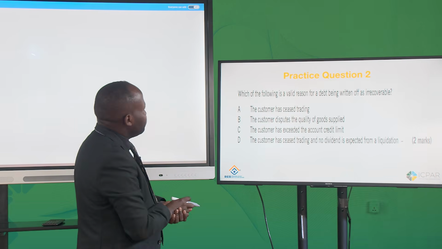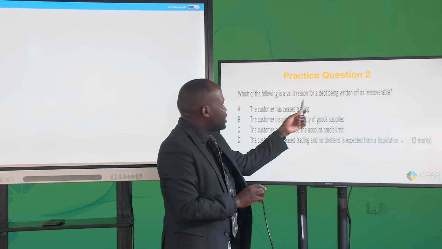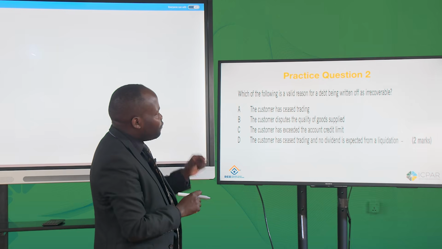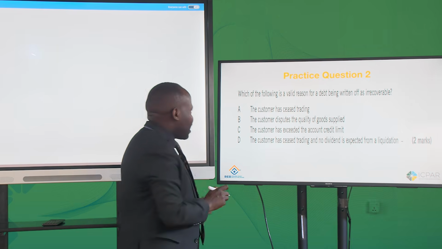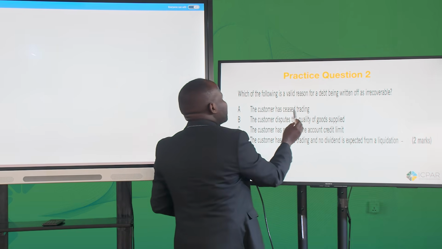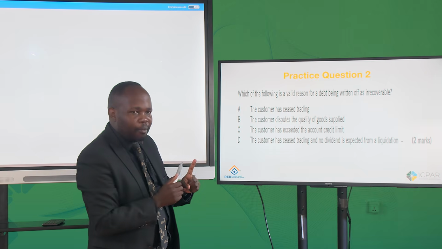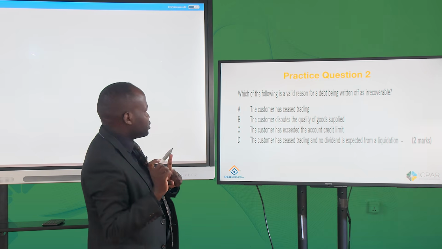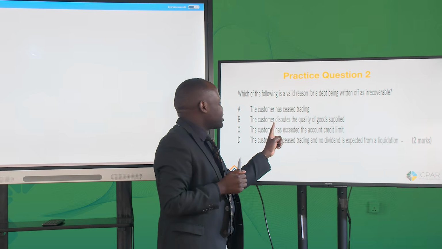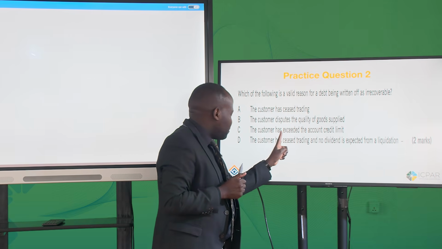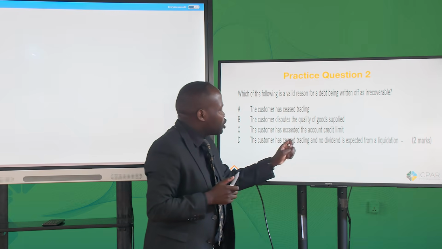Question number two. Which one of the following is a valid reason for a debt being written off as irrecoverable? A, the customer has ceased trading. We must confirm that he has ceased trading before we write off. Number 2, the customer disputes the quality. This is not a reason. The customer has exceeded the account credit limit.